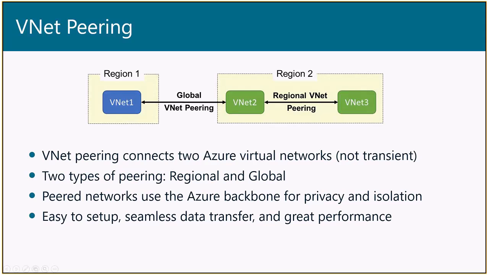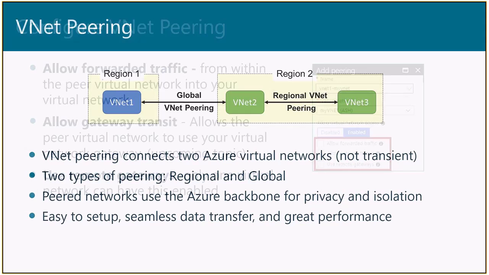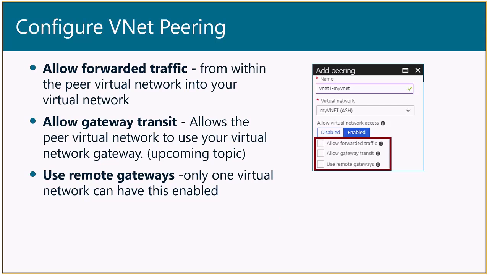Notice that when you're doing peering, you don't need any gateway or anything. Peered networks use the Azure backbone for privacy and isolation. It's easy to set up, with seamless data transfer and great performance. When creating the VNet peering you can allow forwarded traffic, gateway transit, and use remote gateways.